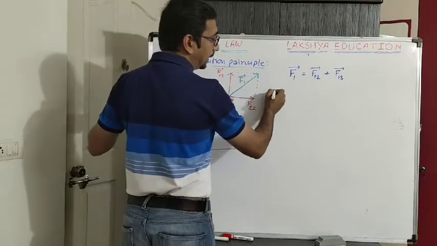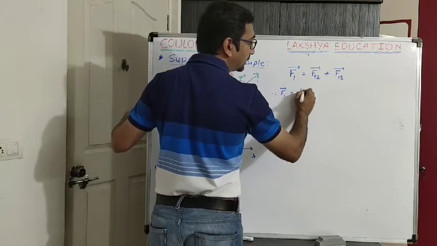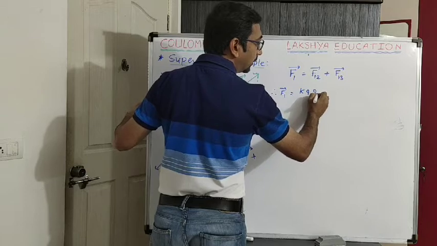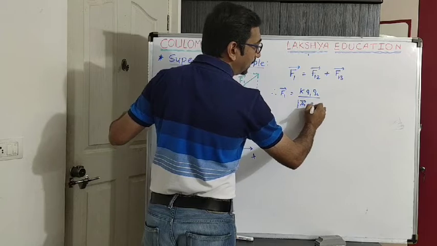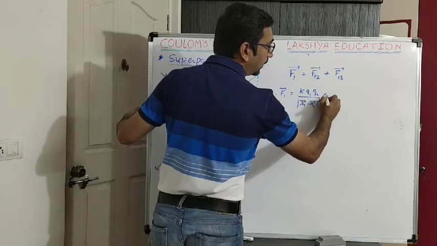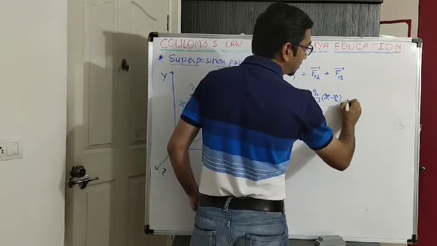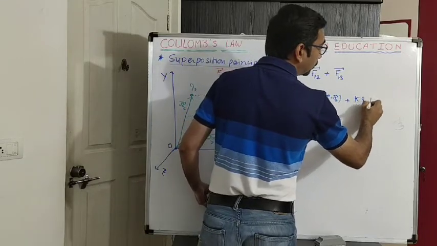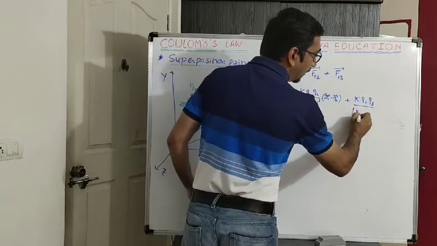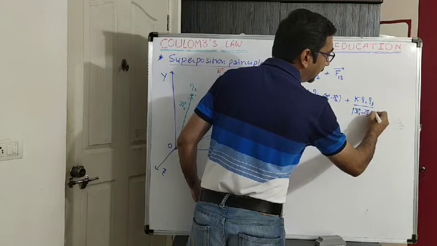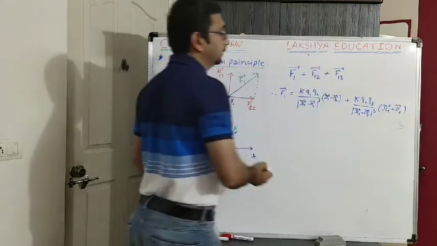Now if we apply Coulomb's law in vector form, then F1 is K Q1 Q2 upon |R1 minus R2| cube times (R1 minus R2), plus K Q1 Q3 upon |R1 minus R3| cube times (R1 minus R3).